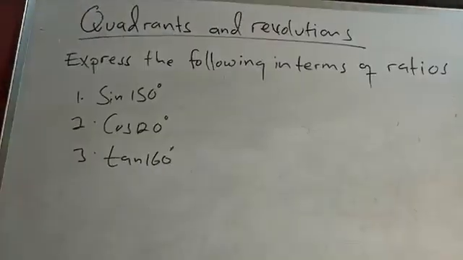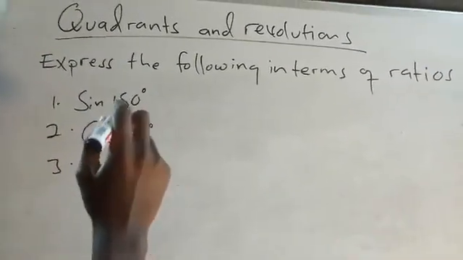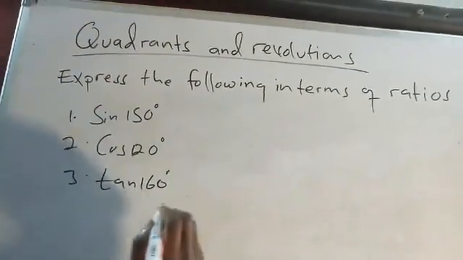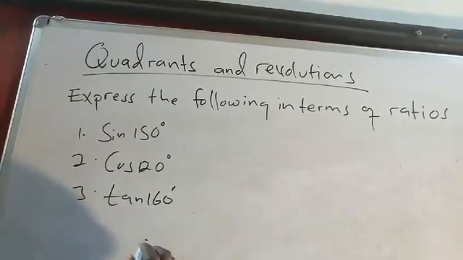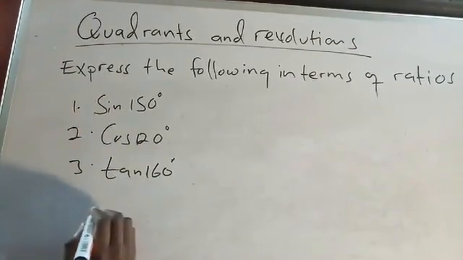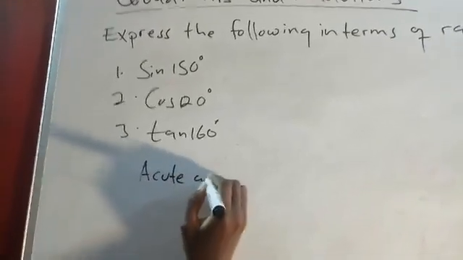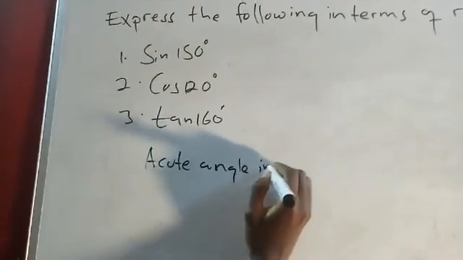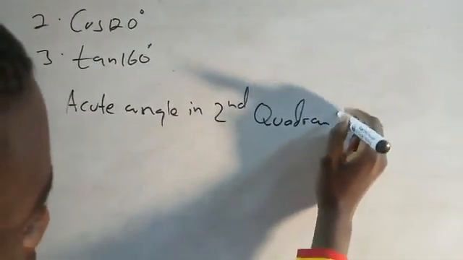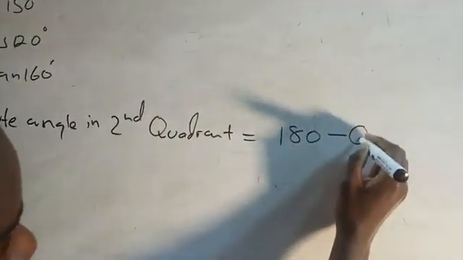When we are estimating angles, these angles fall in the second quadrant, and the acute angle in the second quadrant was said to be 180 minus theta.